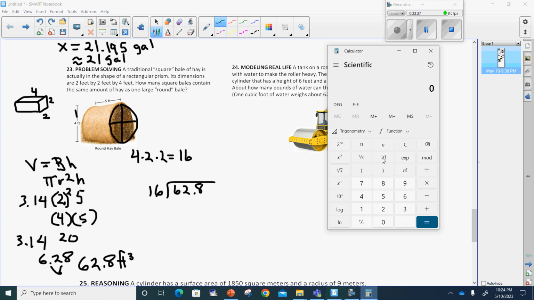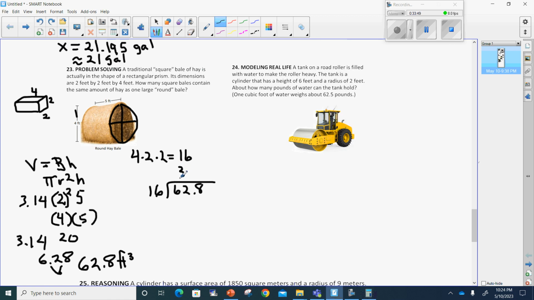All right, when I take 62.8 and divide it by 16, that gives me 3.925. And remember, this talked about how many square bales. We're going to get close to 4, really close to 4. Okay, let's scroll down again.